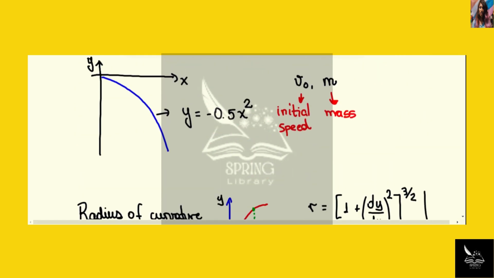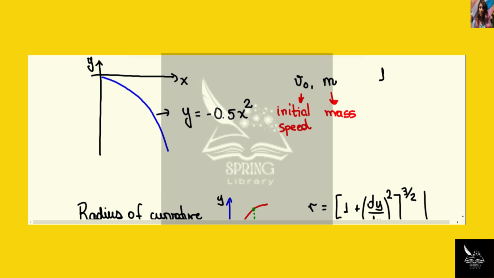So now we can go to the exercise. Basically we have a box that has a mass m and an initial speed of v0, and the box is constrained to move in this parabola here, y equals minus 0.5x squared.